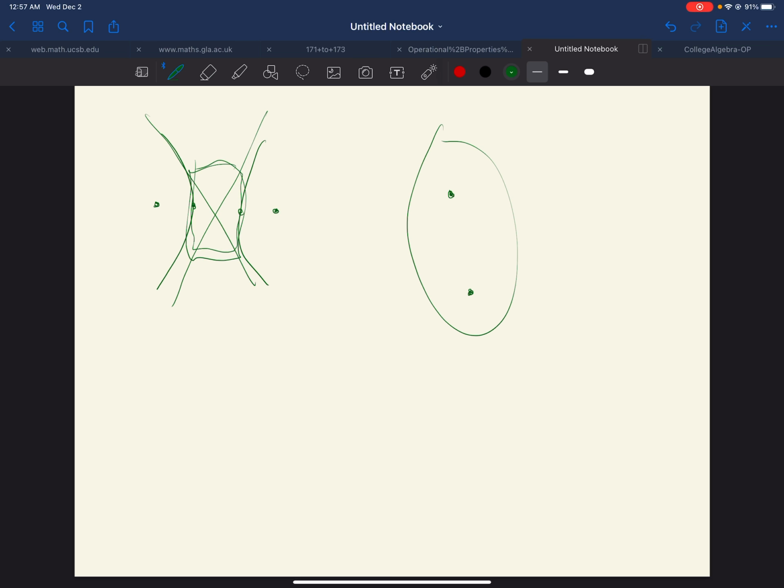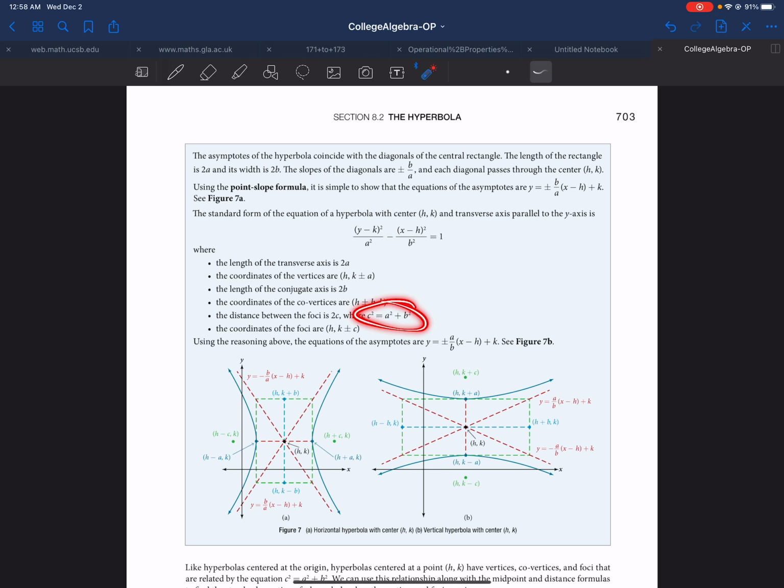So I would call this inside the ellipse, and this is in both of the dish parts, but it's on the outside. And that's where you only need that one formula for that. And so if you know what C is, then the foci have to live outside of it.